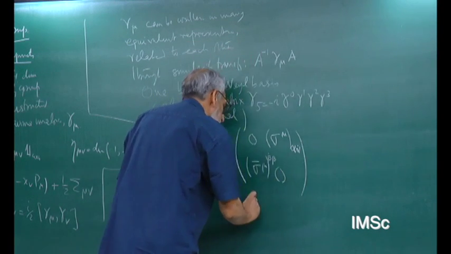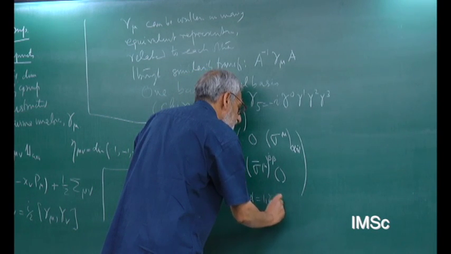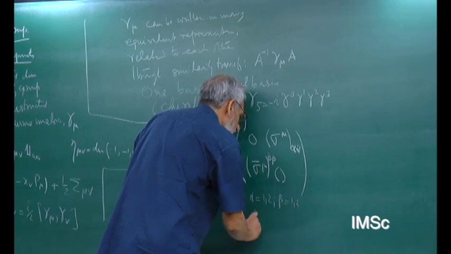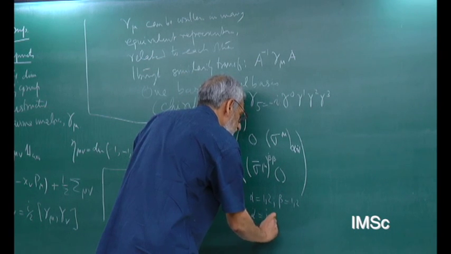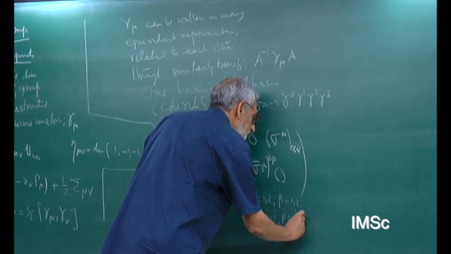Now here alpha takes values 1 and 2, so does beta. Alpha dot takes values 1 dot, 2 dot, and beta dot also takes 1 dot, 2 dot.